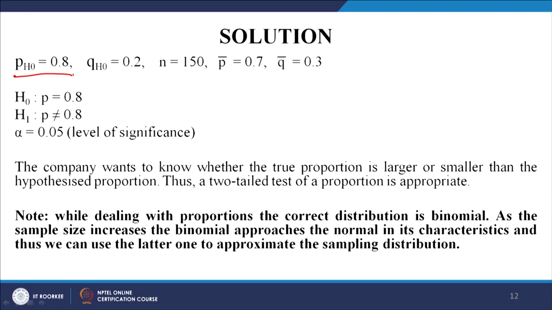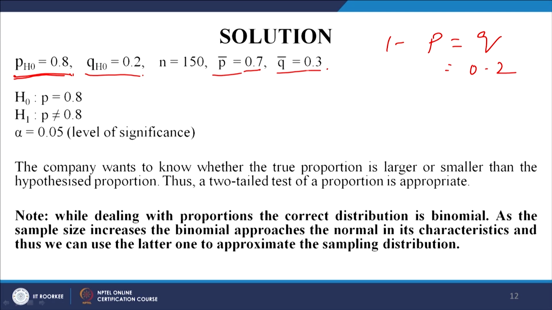Hypothesized proportion p is equal to 0.8. This is the proportion of success, correct. The failure is automatically 1 minus p, that is q, which is equal to 0.2 for this one, right. n is equal to 150. Now, in the case of the sample, because this indicates the sample, p-bar is 0.7, so q-bar is equal to 0.3.